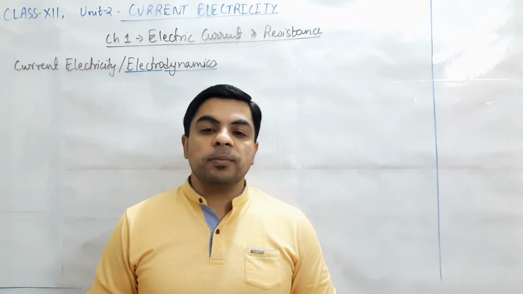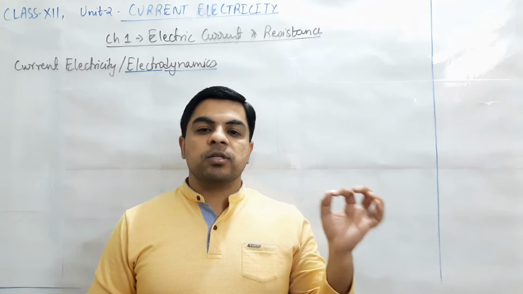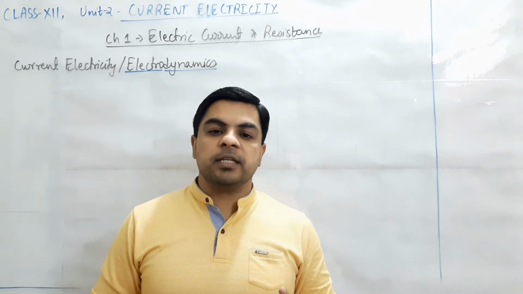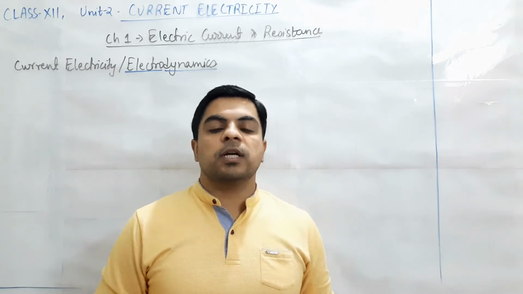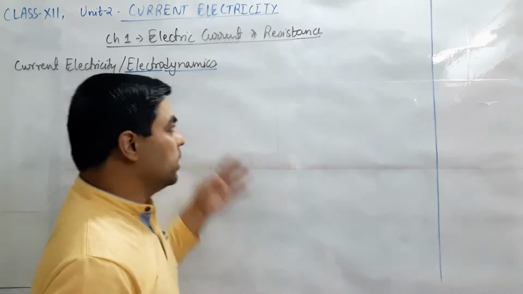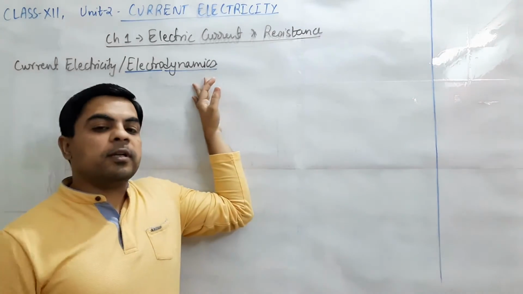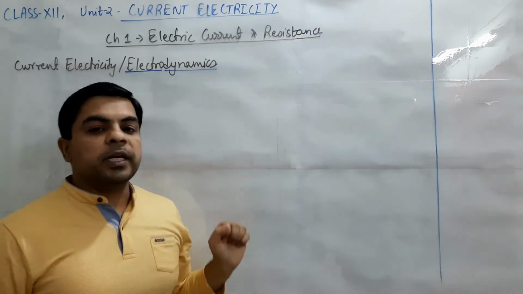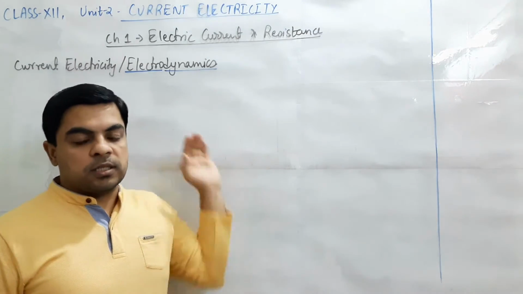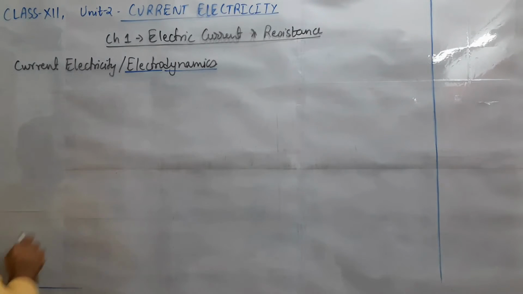There were two distinct chapters, hydrostatics, where fluids were discussed in the condition of rest, and hydrodynamics, where fluids were discussed in the condition of motion. In a similar way, here we have to discuss electrodynamics also, after which we will know the complete concept of electric charges. Electrostatics we have completed. Now we are going to start with electrodynamics.